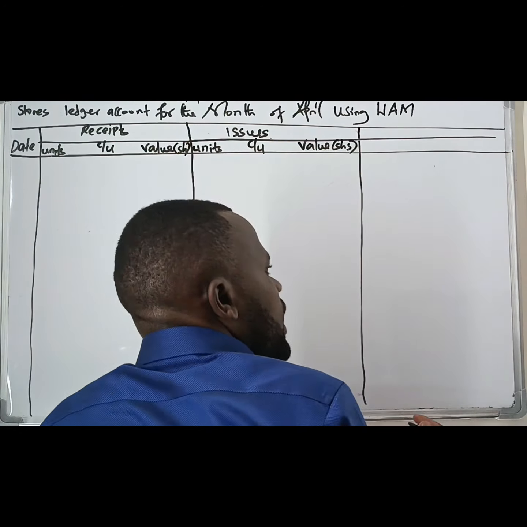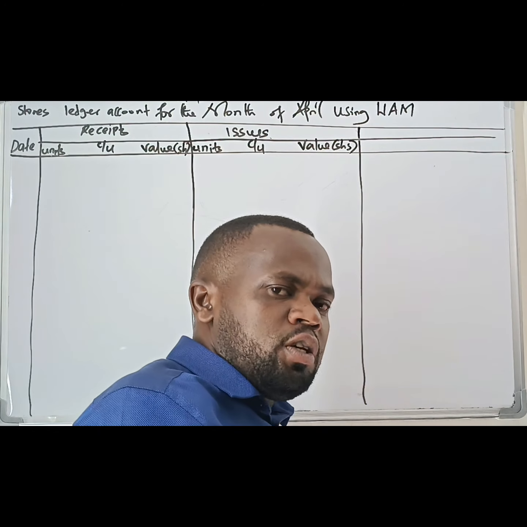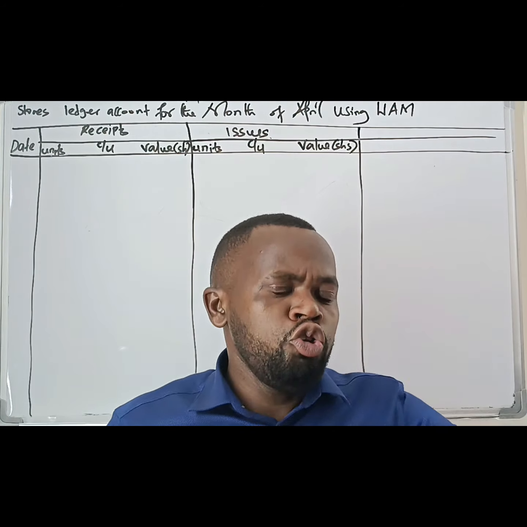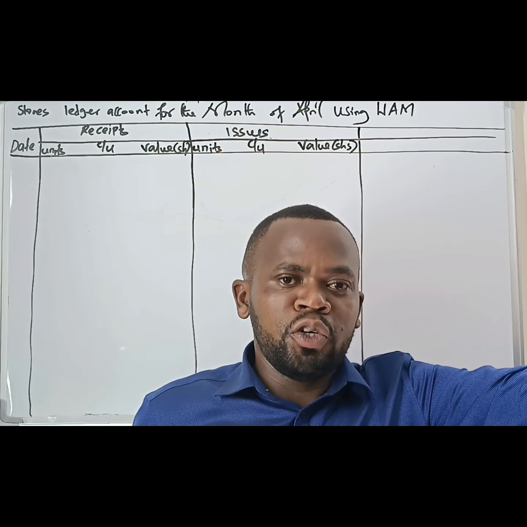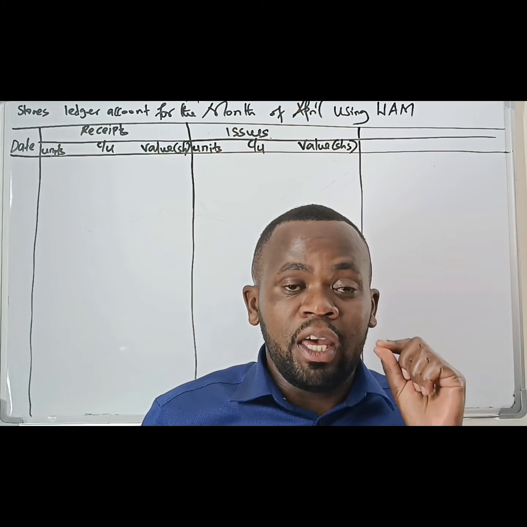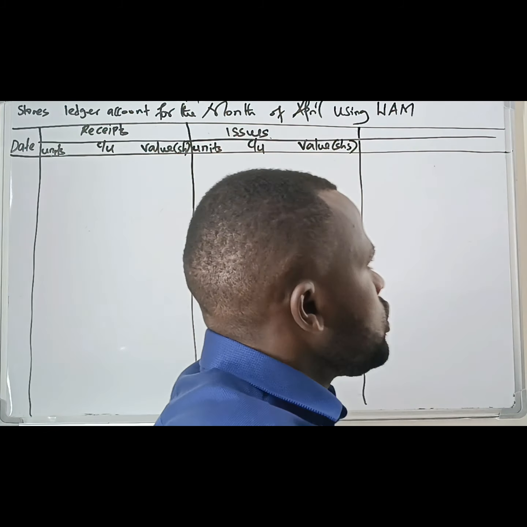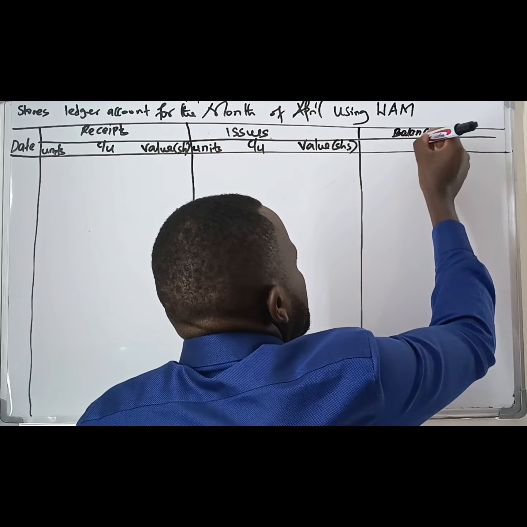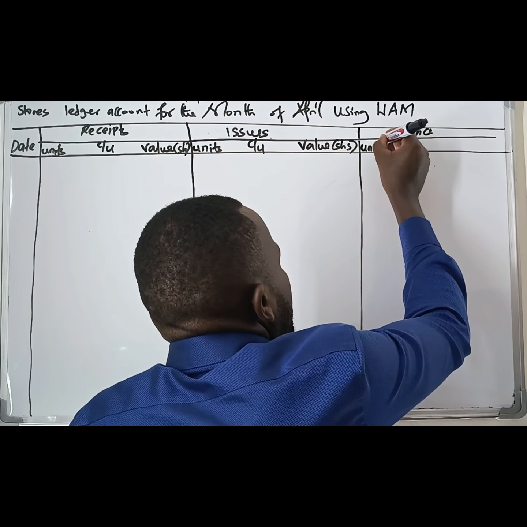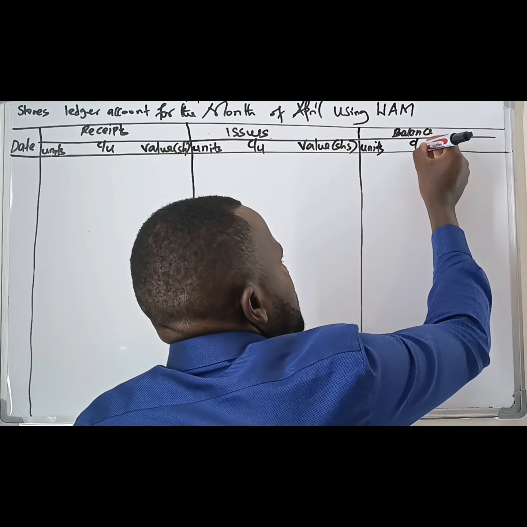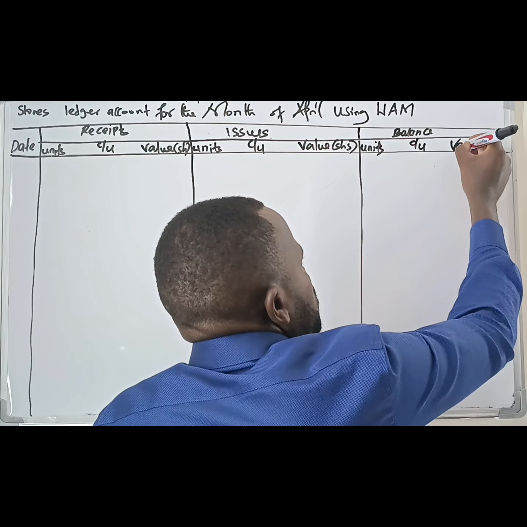The same will happen every day after either you receive or you sell. Whether you receive items in your store or you sell or issue them out of your store, you need to determine the balance in terms of units, cost per unit, and the value. So you'll have this last column for the balance: how many units are remaining in your store, what is the cost per unit, then what is the value.